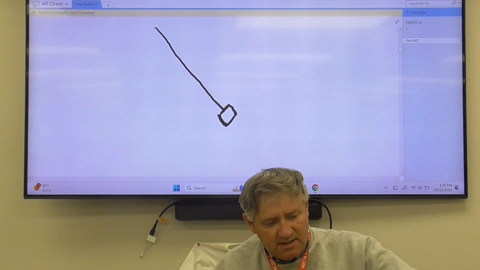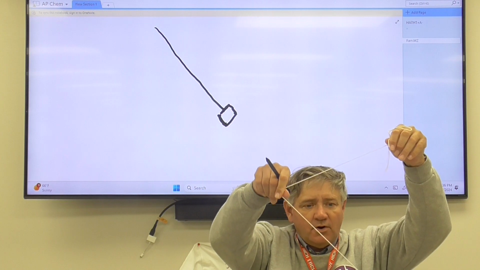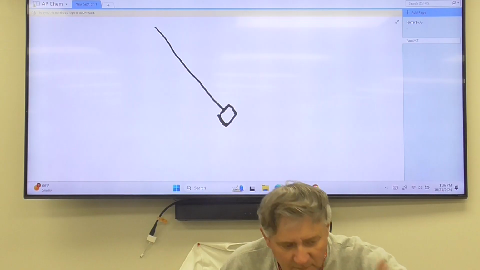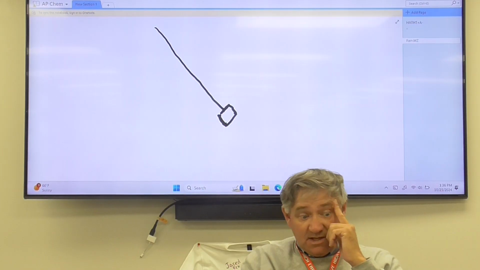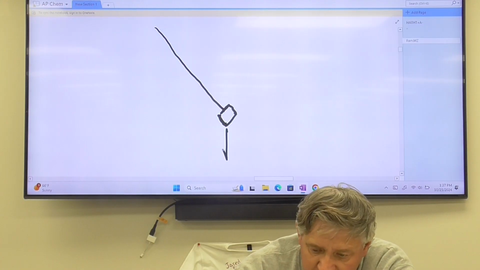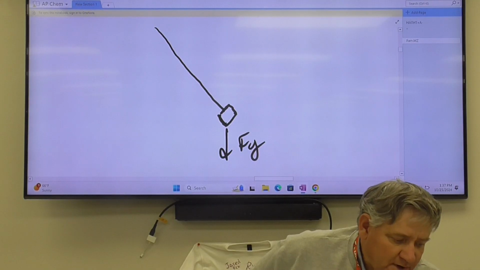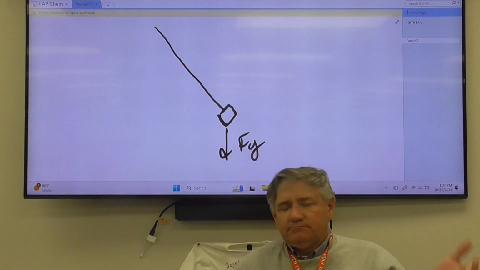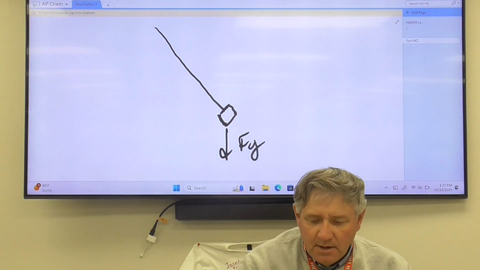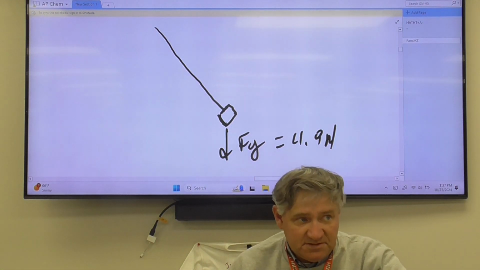So as this thing is going around like this, there are only two external forces acting on the end of that pendulum. What's one of them? Gravity. So I got gravity pulling down. If you look on that one, you're told that it's a 500 gram ball. 500 grams times kilograms times G, you get 4.9. So you know that's 4.9 newtons. Okay, so that's one force.